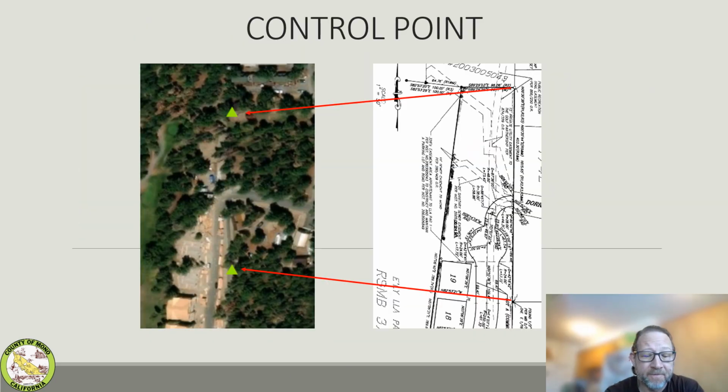And when I went out to the field, I didn't just find one monument. I actually found two monuments associated with this parcel that are identified here on the map. And with those two monuments, I have a very good idea of where that property line is located. And then I can move on to the next step.